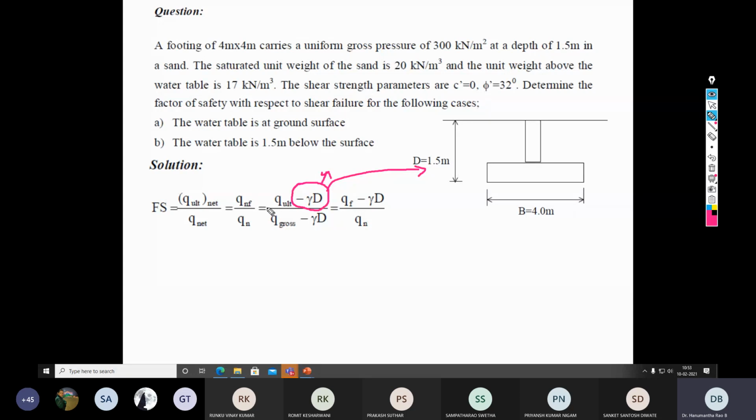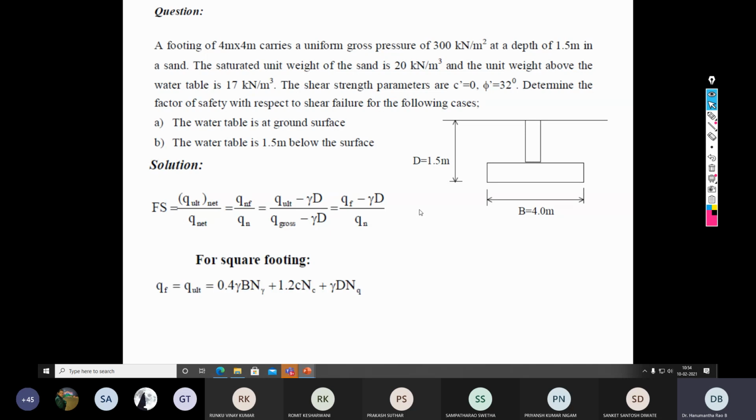So Q ultimate net means Q ultimate minus gamma Df, and Q net means Q gross minus gamma Df overburden. This can also be written as Qf minus gamma Df by Qn. In whatever form you understand, there is no problem.